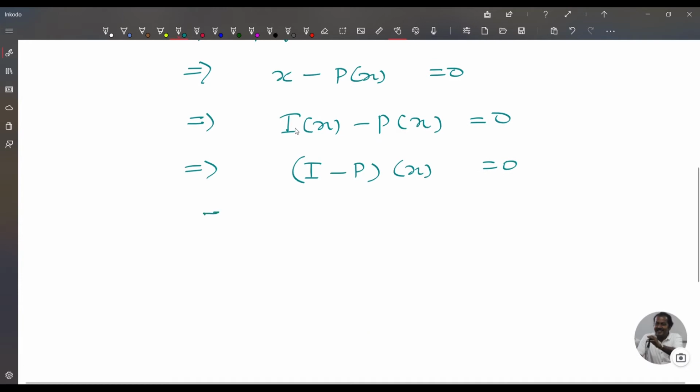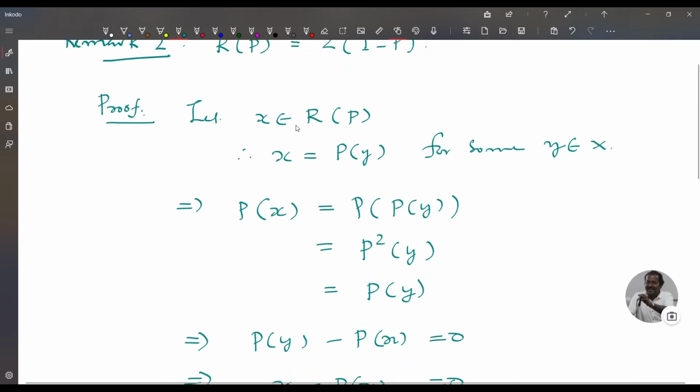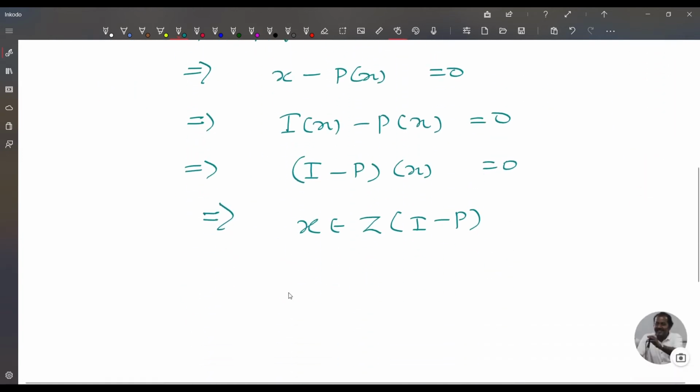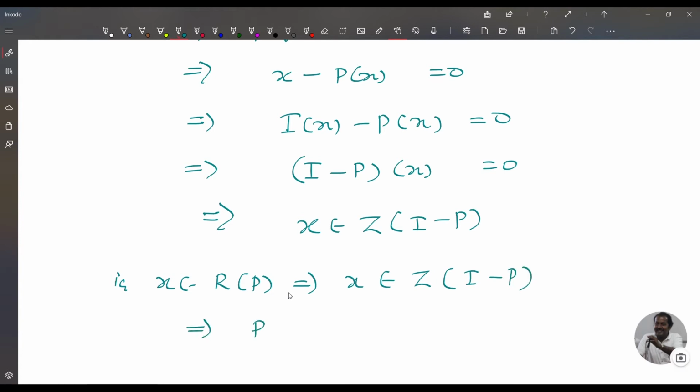So this implies X belongs to null space of I minus P. So we have started with X in R of P and reached X belongs to null space of I minus P. That is, X belongs to R of P implies X belongs to null space of I minus P. So this implies R of P is contained in null space of I minus P.